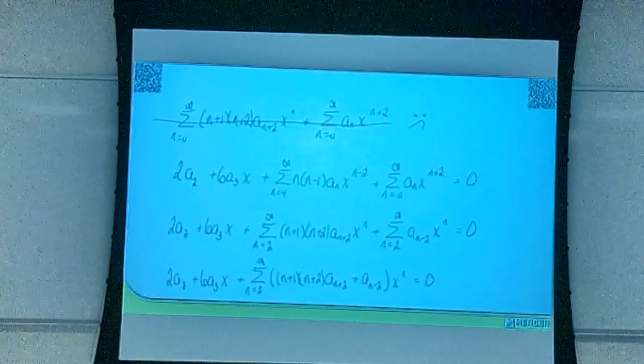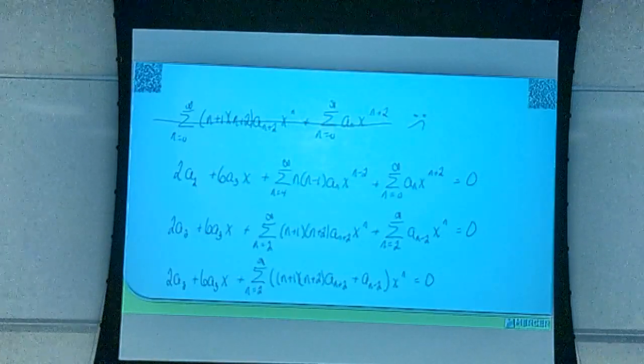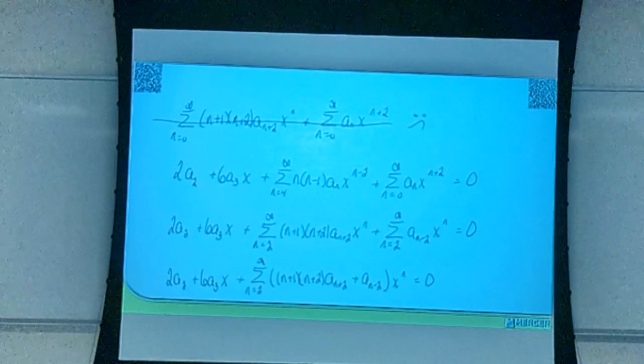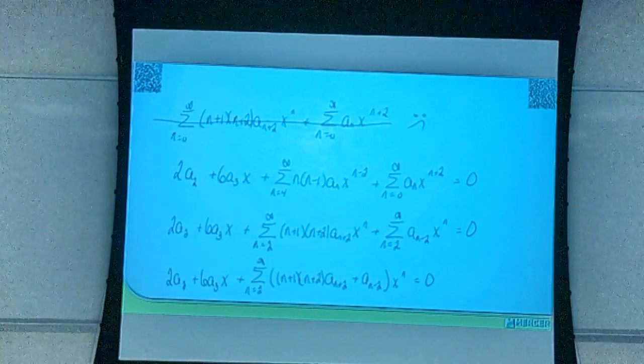Both A2 and A3 have to be 0. That doesn't seem right. Oh, never mind.